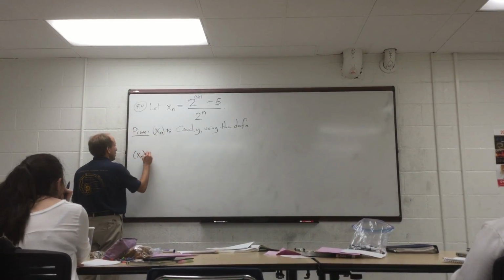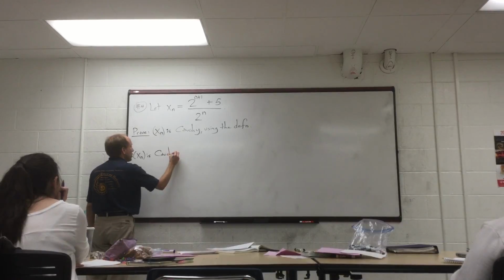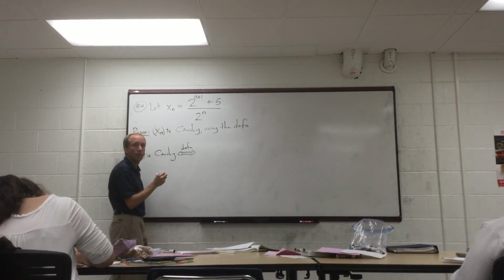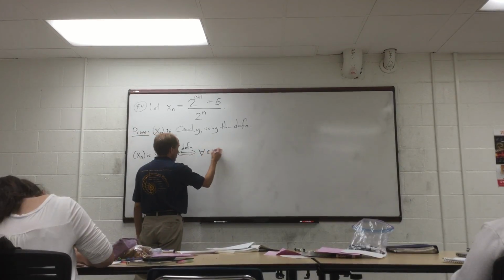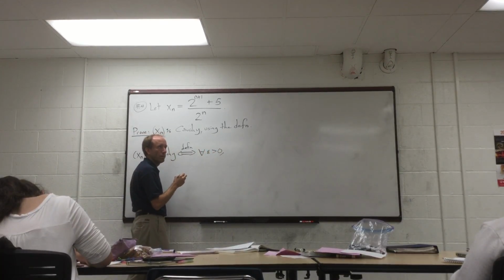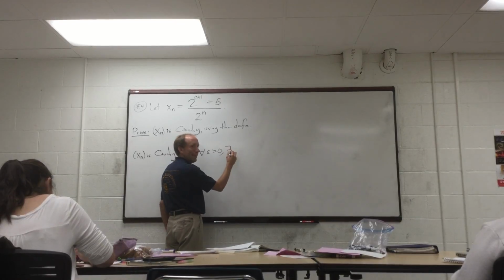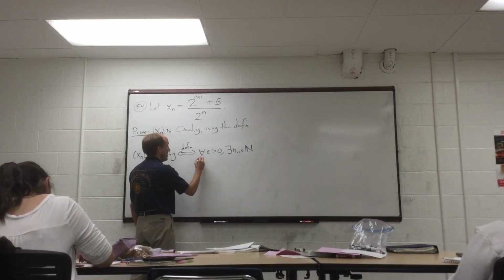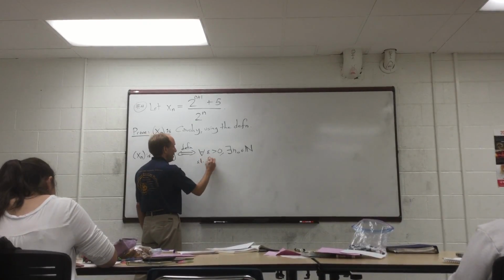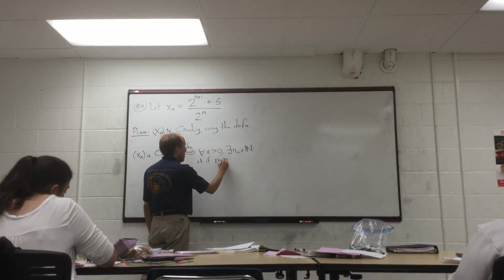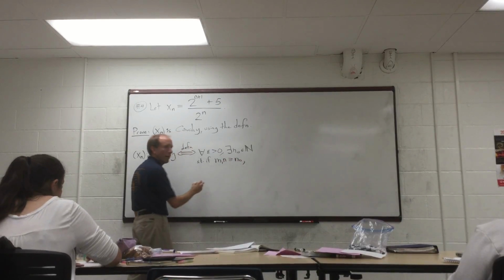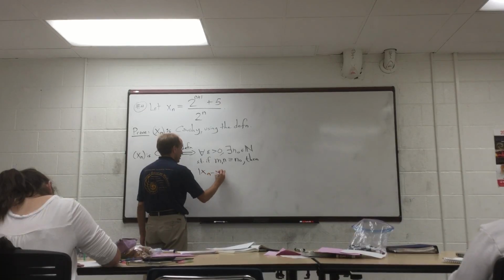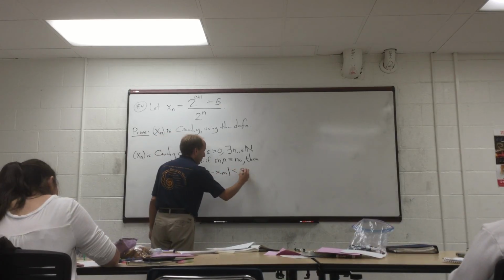x_n is Cauchy if and only if, by definition, what is it? For all epsilon greater than 0, there exists an n naught in the natural numbers such that if m and n are greater than or equal to n naught, then the absolute value of x_n minus x_m is less than epsilon.